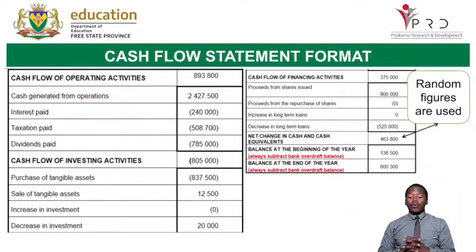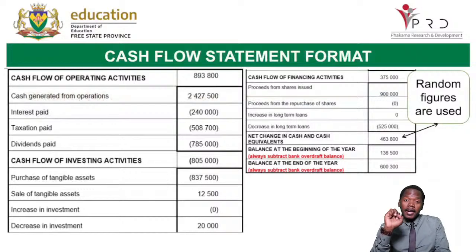Now, we are going to now look at the format of the cash flow statement, how it looks like. When you look at our format of the cash flow statement, it has three activities. The first items would be the cash generated from operations, the interest paid, taxation paid, the dividends paid. Now, what are we noticing here, grade 12?